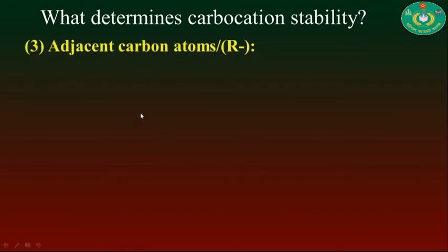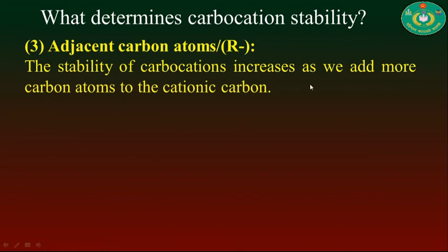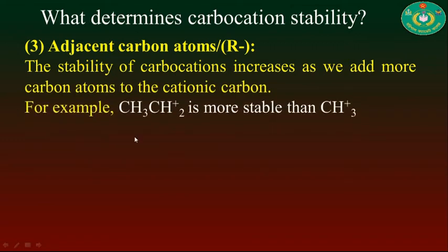Now consider the third factor, which is adjacent carbon atoms. That means adjacent alkyl radicals, which were already discussed in the previous section. The stability of carbocations increases as we add more carbon atoms, that means more alkyl radicals, to the cationic carbon. For example, CH3CH2+ is more stable than CH3+, because the ethyl carbocation contains one alkyl radical, which is a methyl radical, and in the methyl carbocation there is no alkyl radical present.